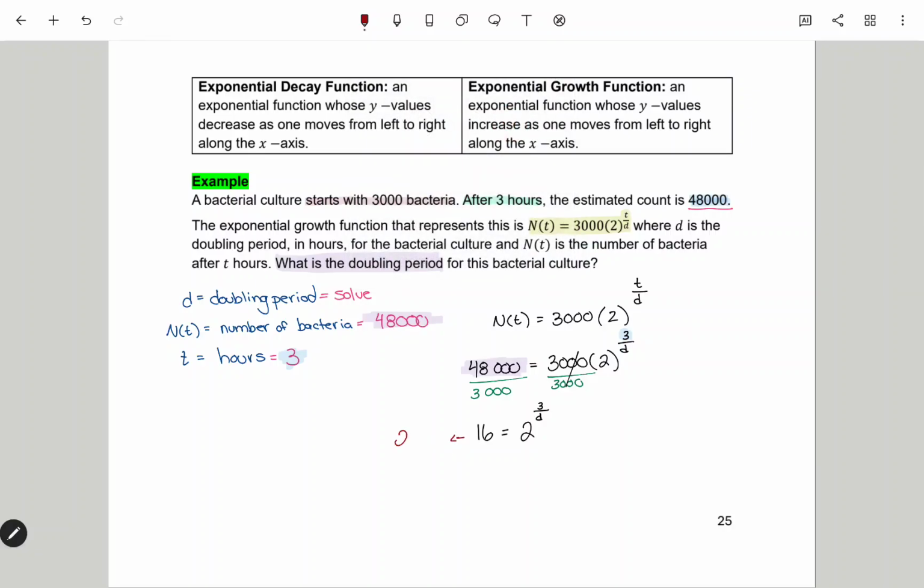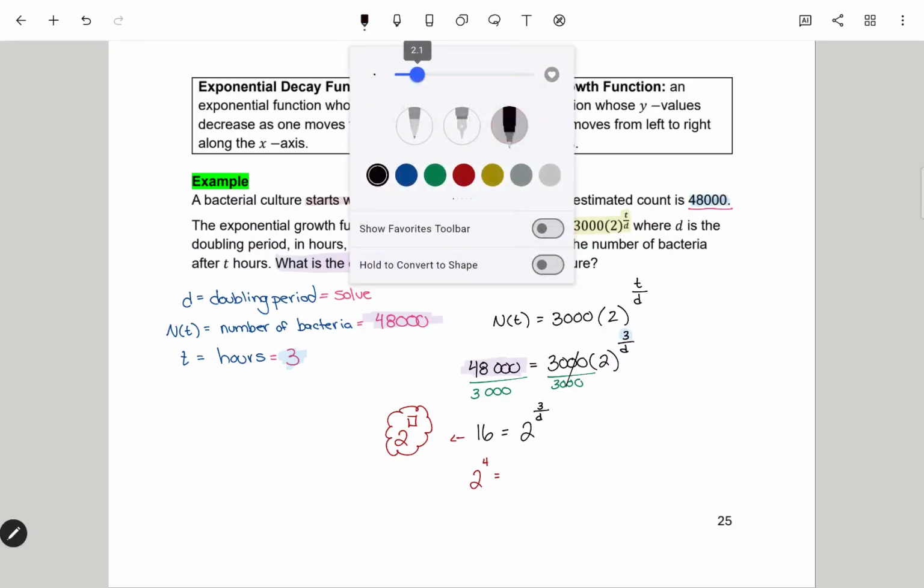So I have to say 2 to the power of what? How can I rewrite 16 as 2 to the power of something? Well, 2 times 2 is 4, times 2 is 8, times 2 is 16. So this can be rewritten as 2 to the power of 4 is equal to 2 to the power of 3 over d.